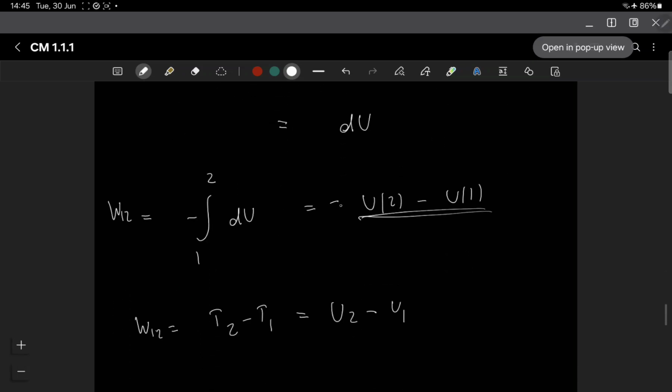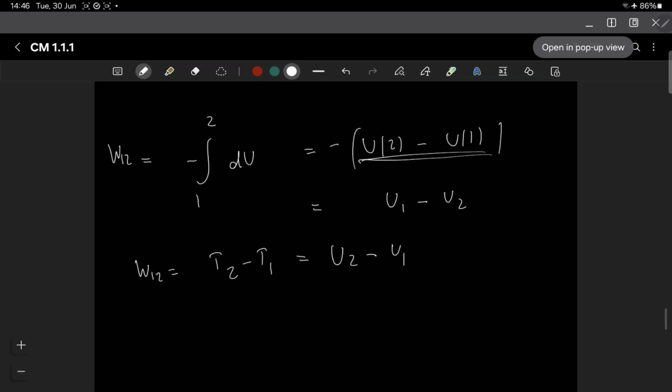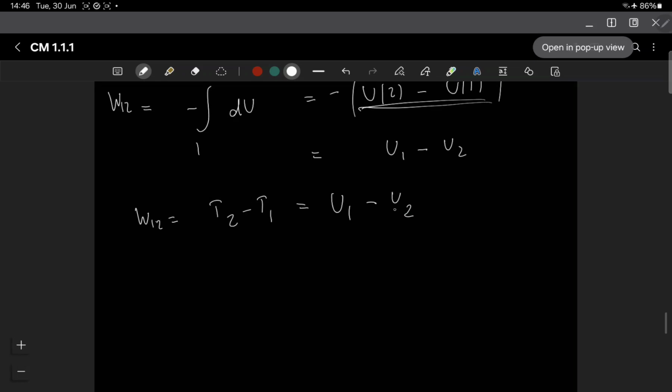So this is going to be minus all of this, which is equal to U1 minus U2. And here we then have U1 minus U2. So if you bring the U2 to the other side and the T1 to this side, then we have T2 plus U2 is T1 plus U1.